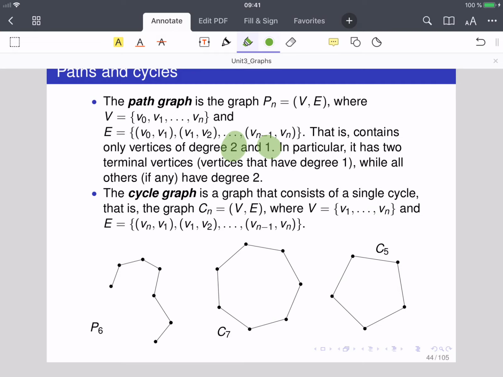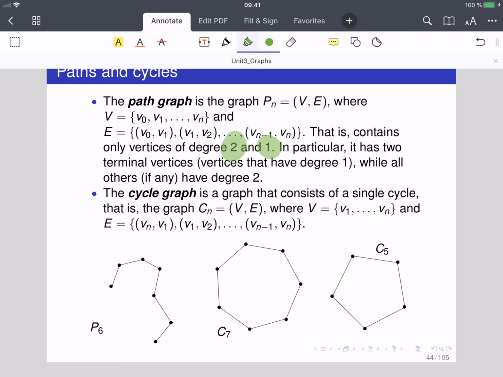Okay, in the case of the cycle, then we have n vertices in which the edges connect the vertex to the very next vertex and to the previous vertex, taking into account that the next vertex to the last one is the first and the previous vertex to the first is the last. Okay, so they form a cycle.